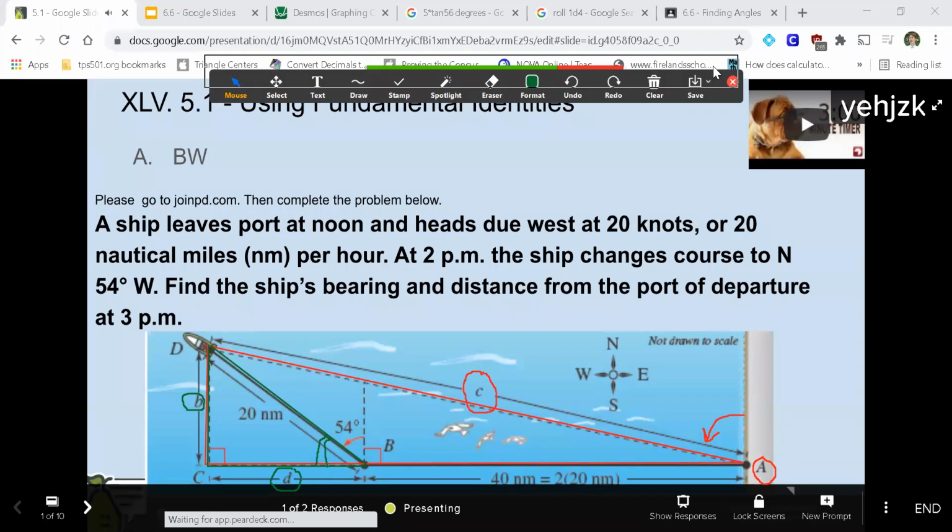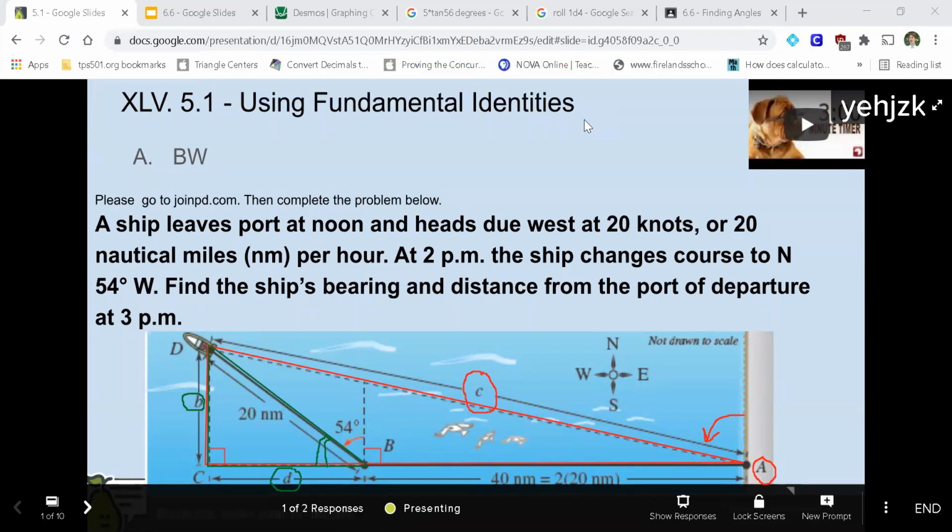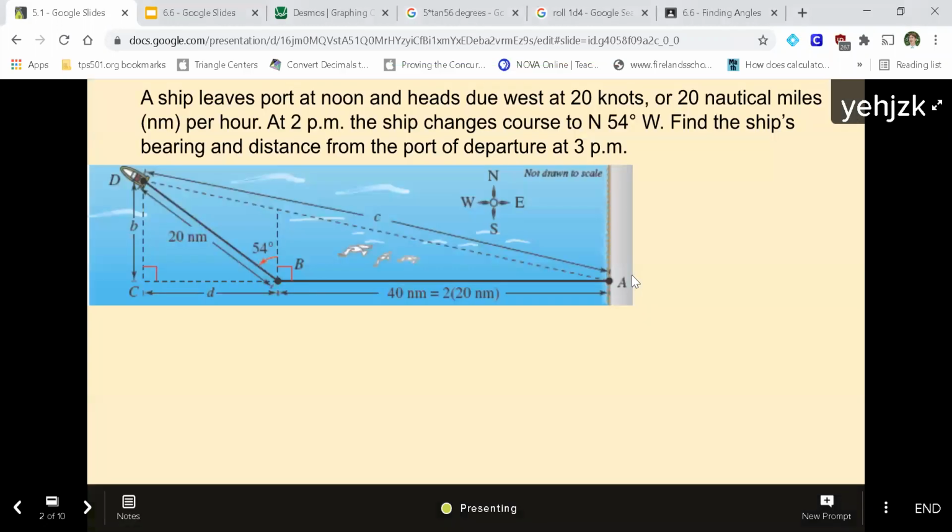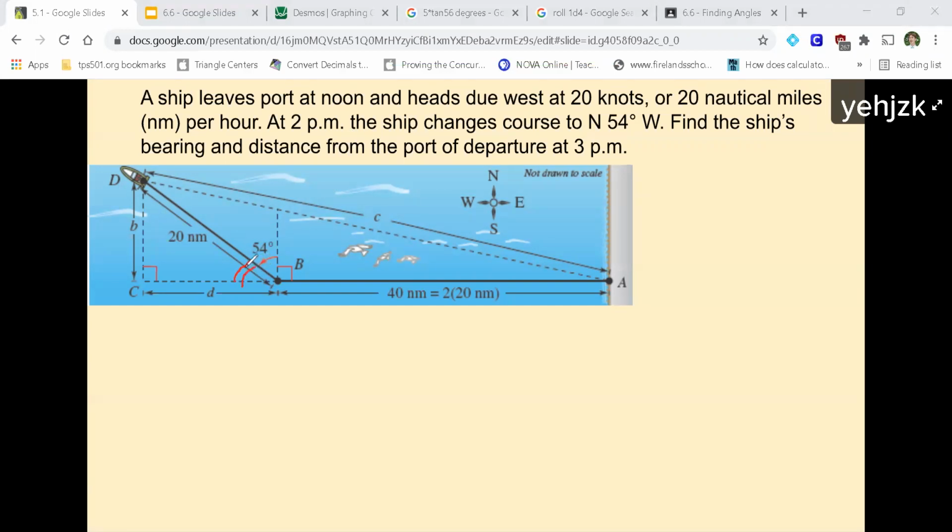Okay, let's go over this. So to start off with, first thing we need to find is this angle right here. What is this angle?